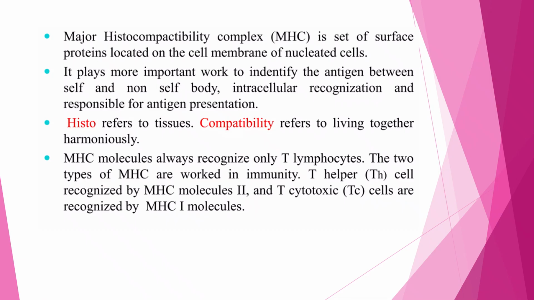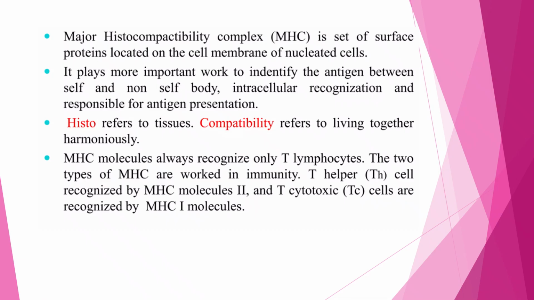So if we want to present the antigen to T helper cells, then MHC2 molecules will be acting as a mediator. And if we want to present the antigen towards T cytotoxic cells, then MHC1 molecules will be acting as a mediator. That means if an antigen enters our body and the T helper cells want to come and bind with this antigen, then who will work?